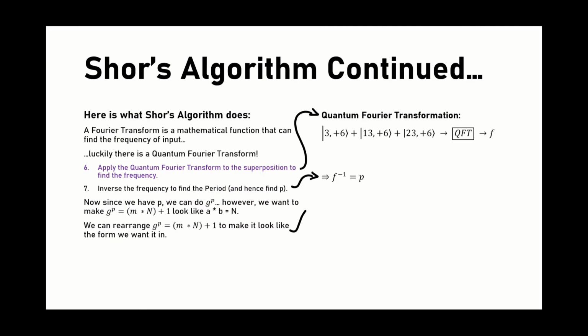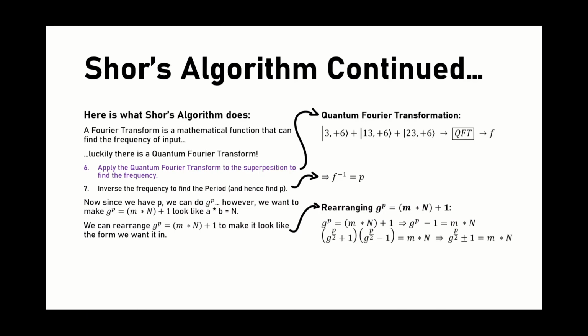So if we follow through this rearrangement, we do this. We minus 1 to get g^p minus 1 equals some multiple of n. Then we use the difference of two squares to factorize g^p minus 1 into g^(p/2) plus 1 times g^(p/2) minus 1 equals some multiple of n.